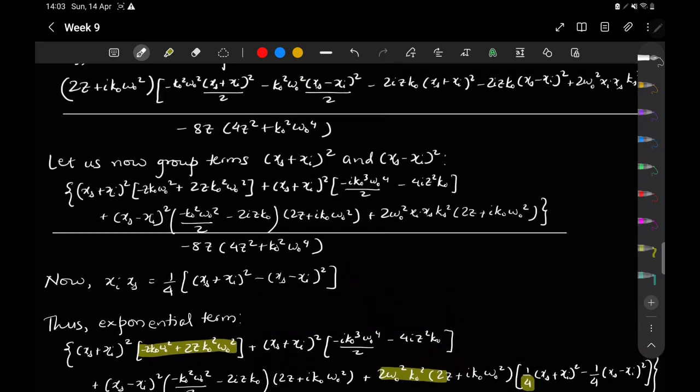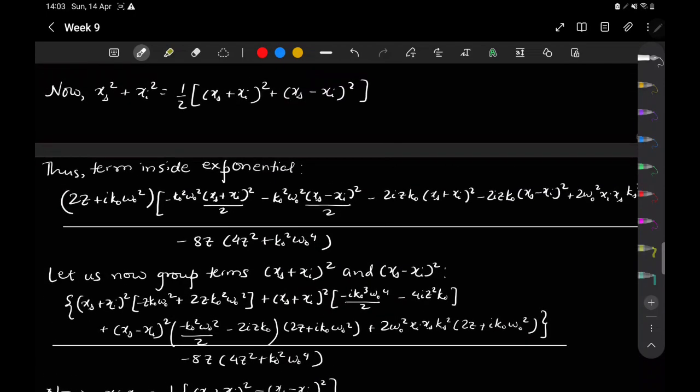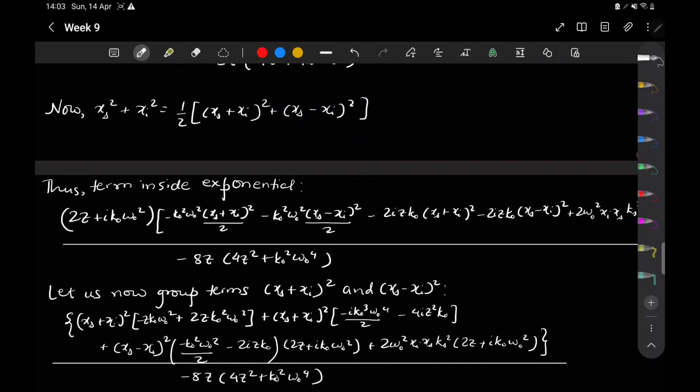Wait, still something is wrong. K naught squared omega naught squared, it should be. Yeah, K naught squared omega naught squared. See?